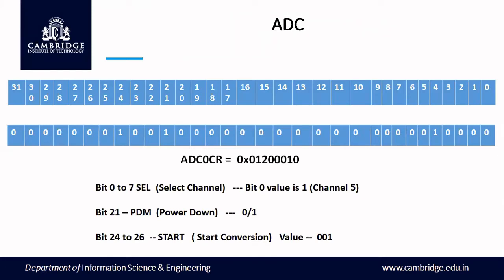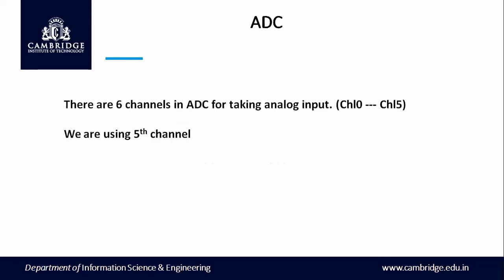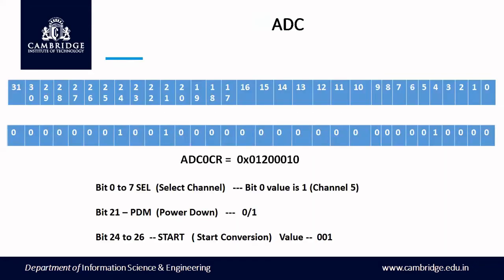Which channel you are going to use for your particular program, for that reason you will be using these bits, starting from bit 0 to 7, as select channel. The value can be either 0 or 1 in that particular bit. I will tell how exactly that value will be set.